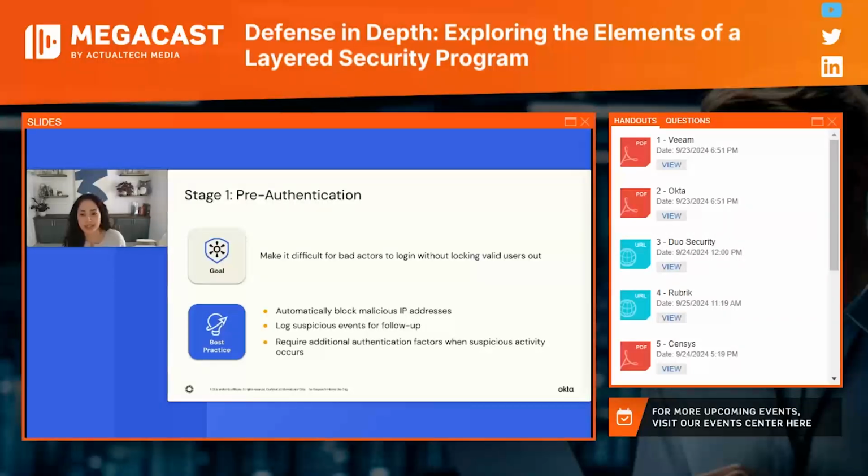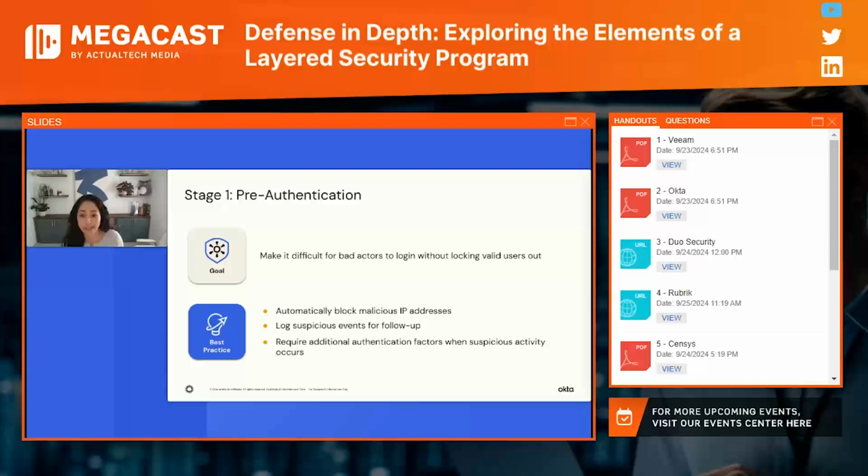In the pre-authentication stage, the goal here is to make it as difficult as possible for bad actors to get in, while simultaneously making it as simple and secure as possible for legitimate users to get in. At this stage of authentication, attackers commonly use brute force techniques, leveraging bots and automation to hit as many user accounts as possible, including credential stuffing, where they're leveraging credentials compromised from other systems to compromise a new one with the knowledge that many users reuse credentials.